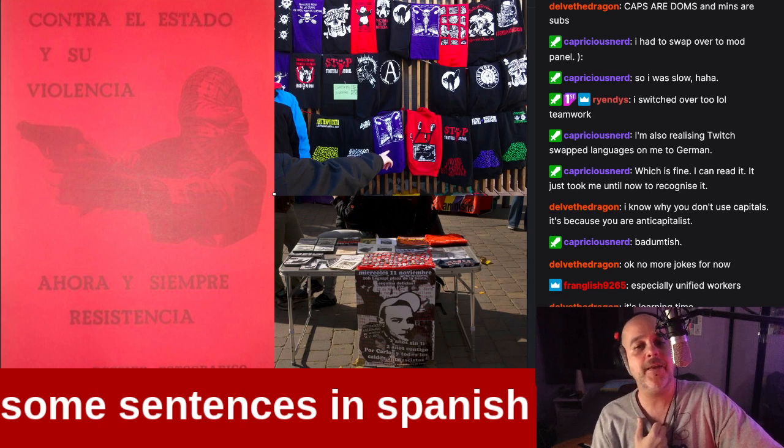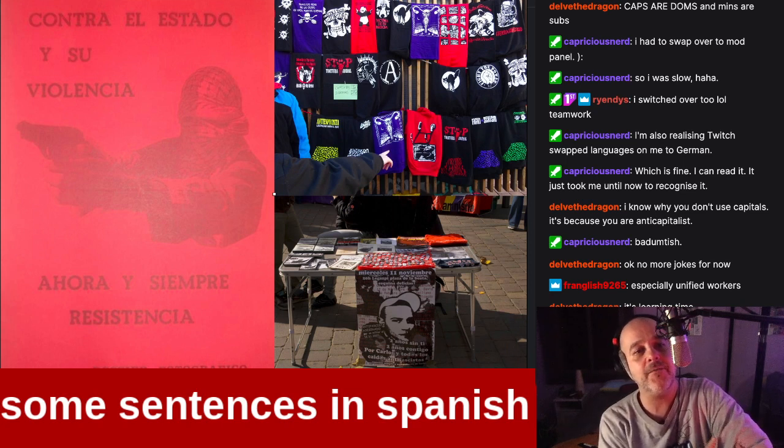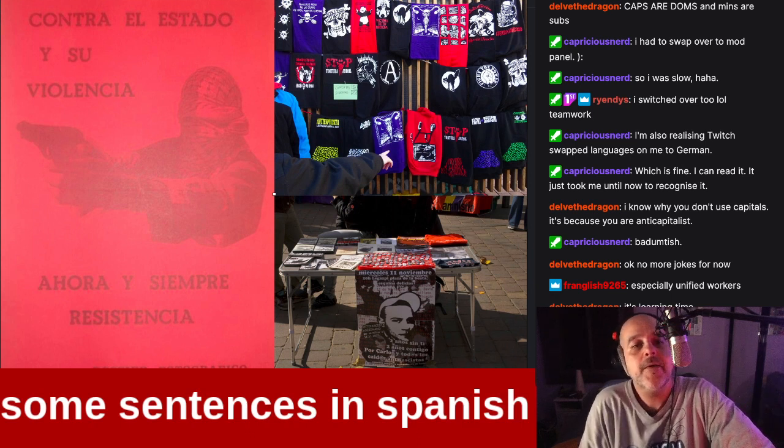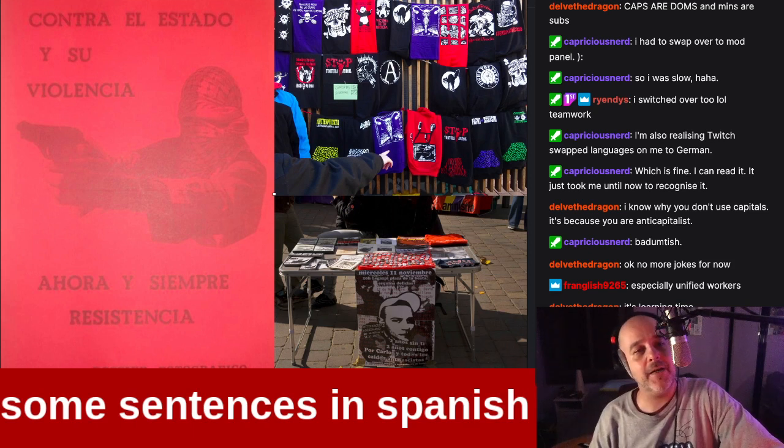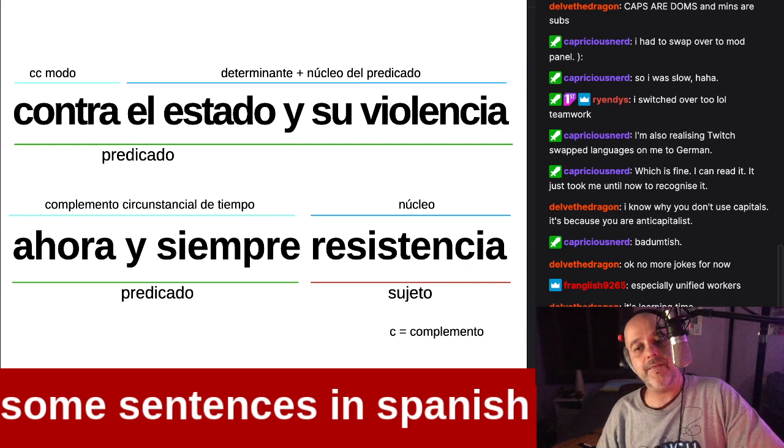This was distributed in the puestos of El Rastro in Tirso de Molina, where all the anarchists and punk rockers, alternative people, even communists and Republicans, all kinds of tendencies of lefty people were gathering every Sunday at this area of El Rastro de Madrid. It's a very famous, very traditional flea market in Madrid. And they had their little alternative people area. That was really cool.